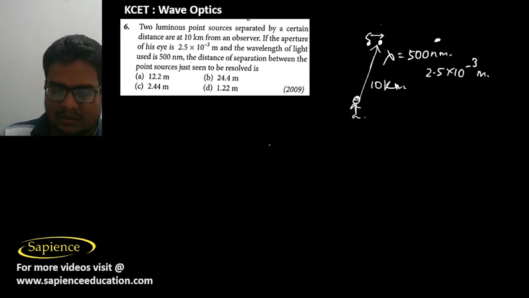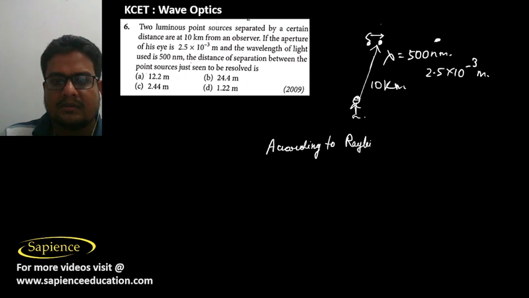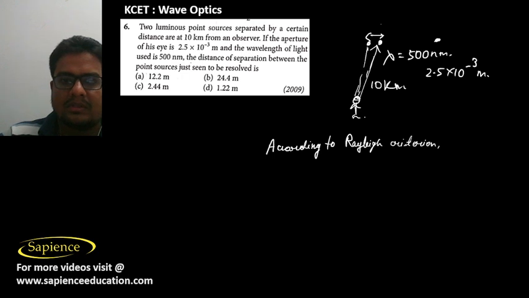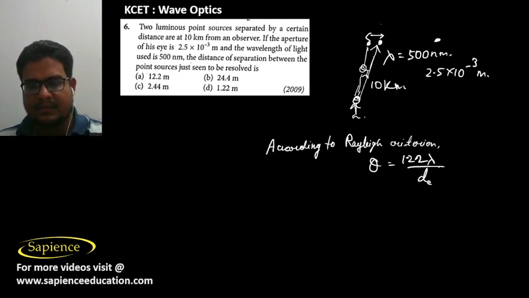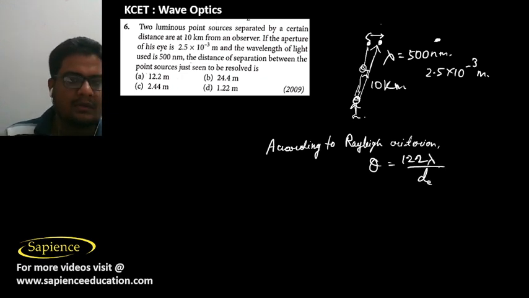So according to the Rayleigh criterion, the angular separation between the two point sources should be equal to 1.22 lambda by dE, where dE is the aperture of the eye and lambda is the wavelength used.